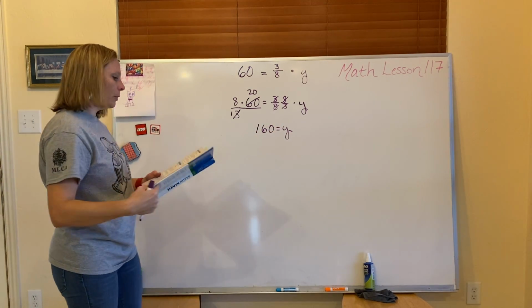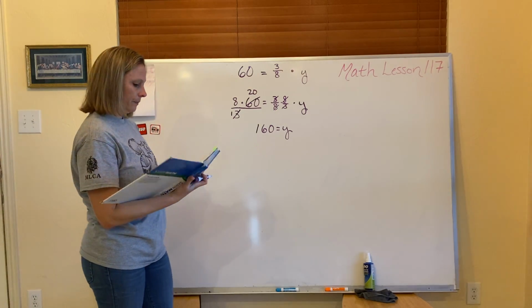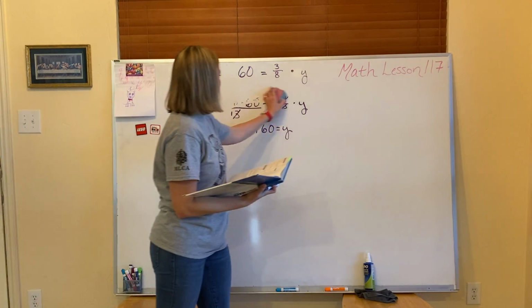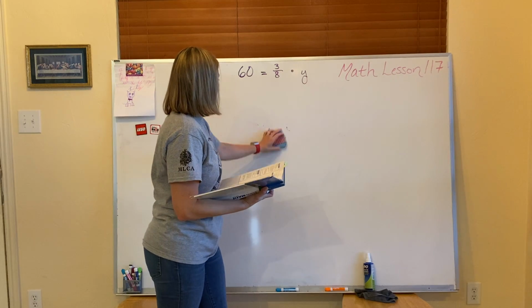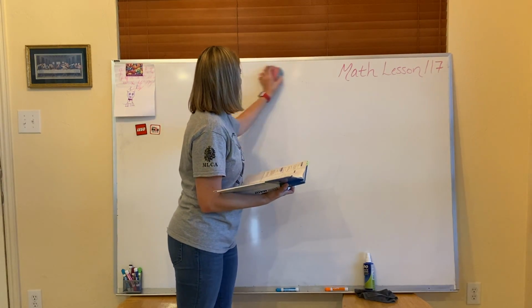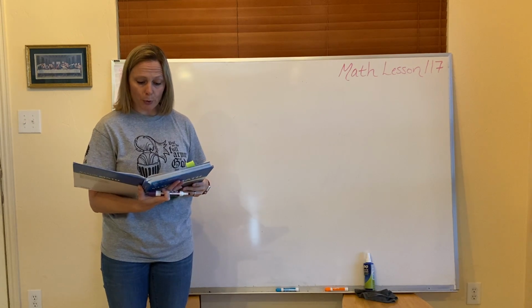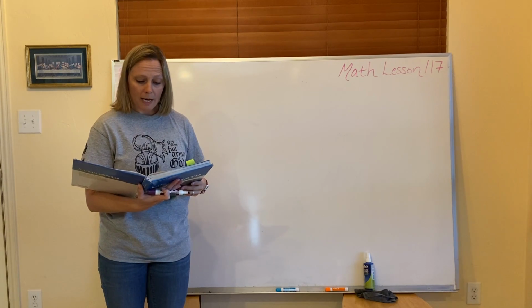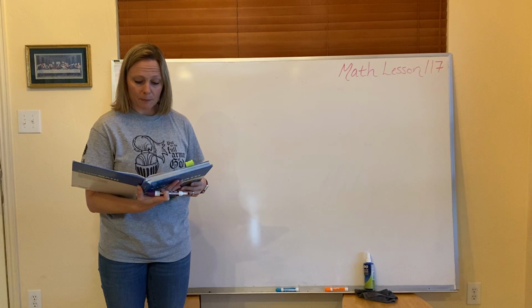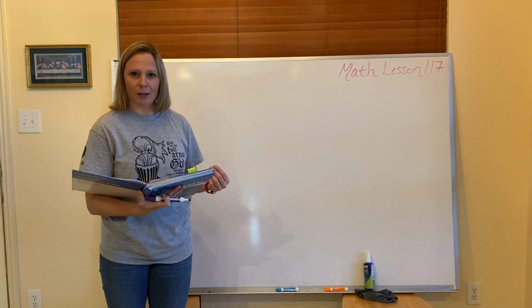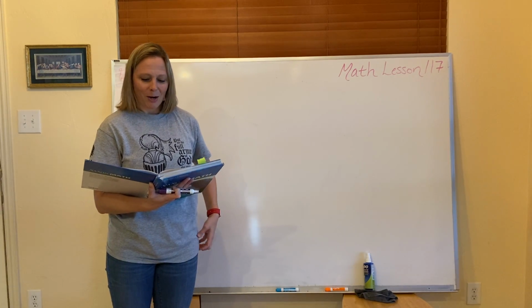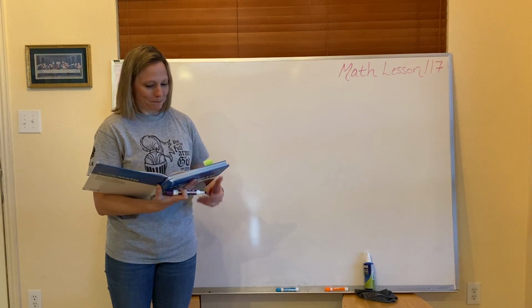Okay, now we have E. E says 3/5 of the students in the class were girls. If there were 18 girls in the class, how many students were in the class together? Okay.